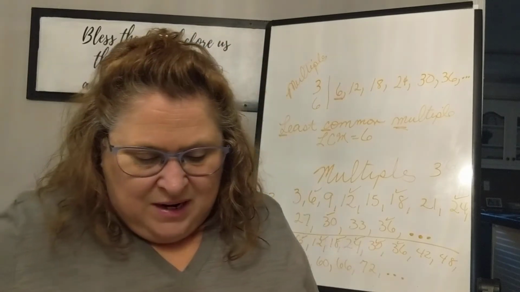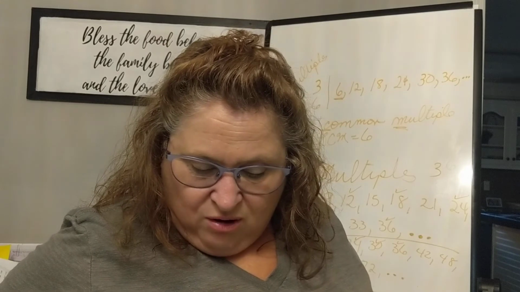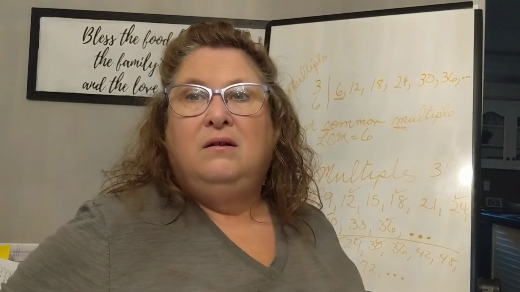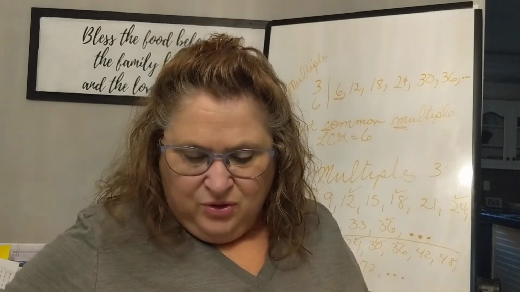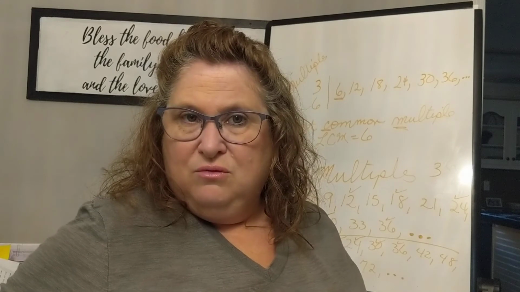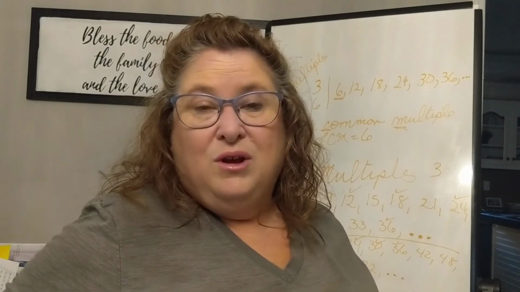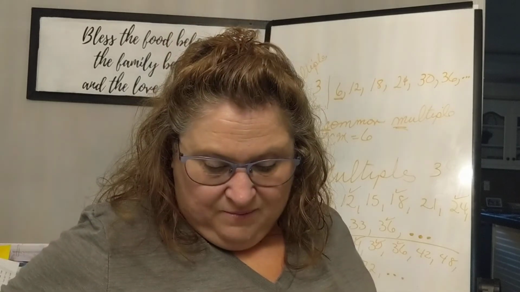And then they have 7 and 10. So they have nothing for us. So we're doing this one all on our own. So we're going to count by 7s. 7, 14, 21, 28, 35, 42, 49, 56, 63, and 70, dot, dot, dot.